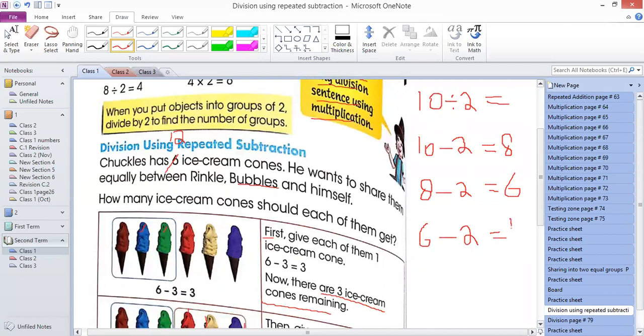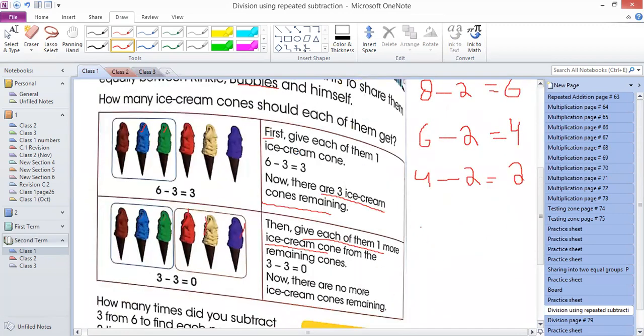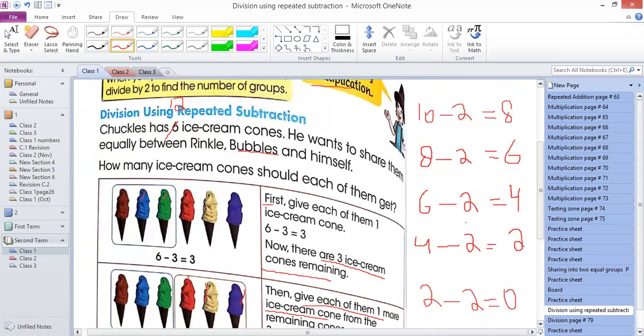So it will be 4. Again, give 1 to your friend and keep 1 for yourself. It will be 2. Now 1 you give to your friend and 1 you keep. So there will be no coin left.